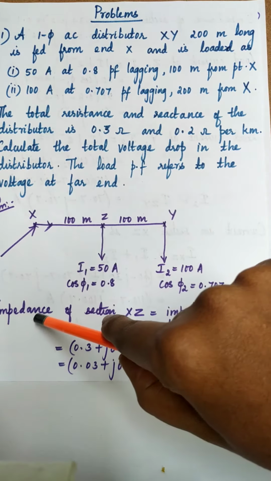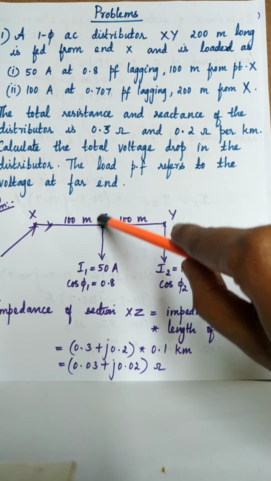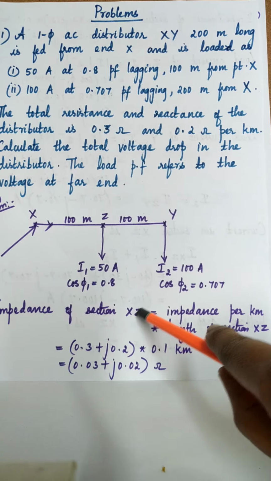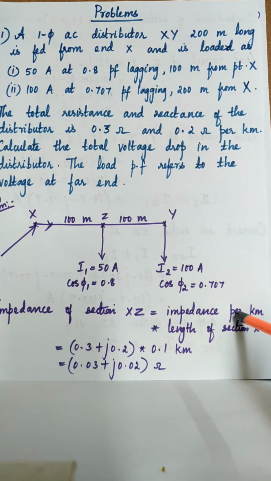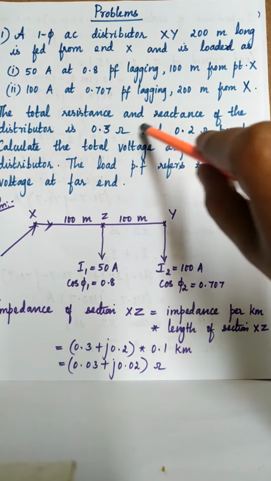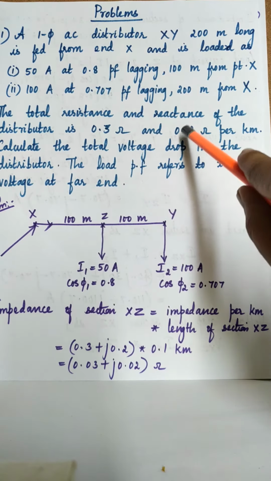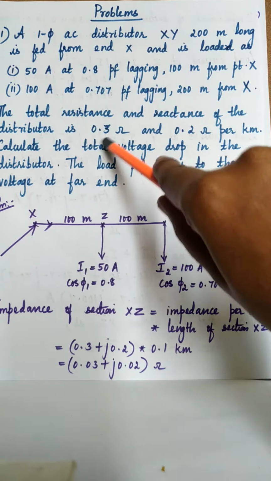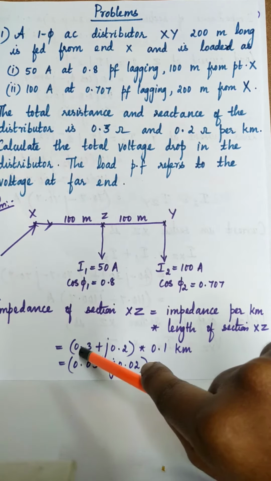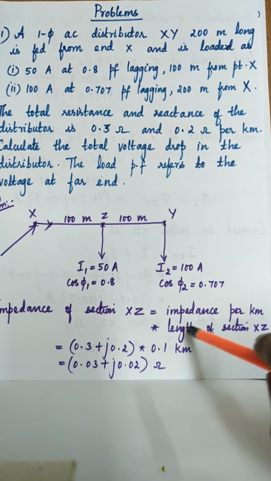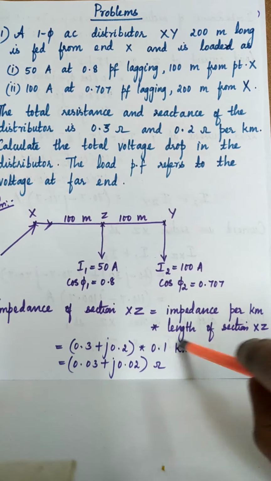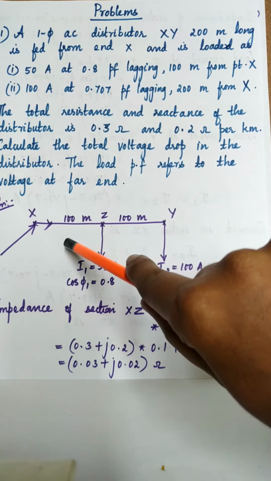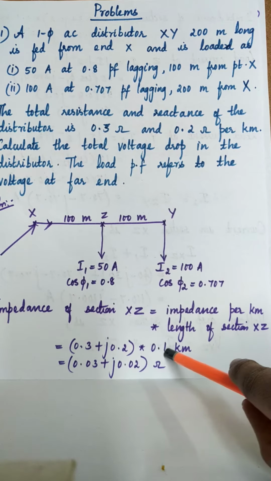Coming to the impedance of section XZ, we know impedance is R plus jX. Impedance per kilometer is 0.3 plus j0.2. Don't forget to include the j factor for the reactance: R1 plus jX1. So 0.3 plus j0.2 into, for 100 meters: for 1 kilometer it is 0.3 plus j0.2, so for 100 meters it is multiplied by 0.1 kilometer.